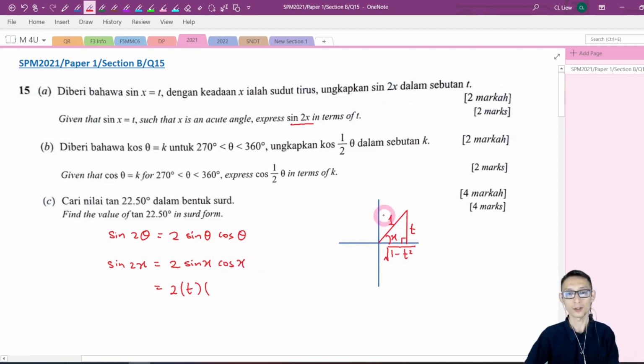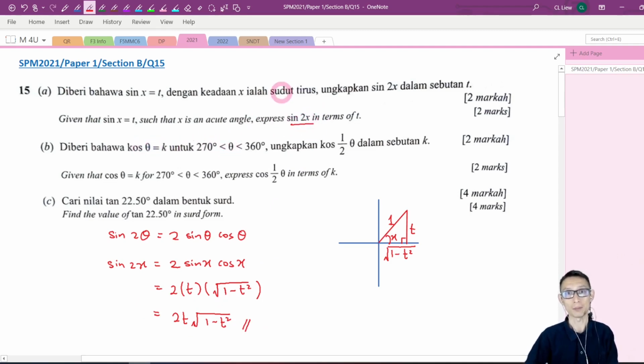Adjacent is this one, hypotenuse 1. So this divided by this, you don't have to write 1: square root of 1 minus t squared. Then open up the parentheses. So it will be 2t times square root of 1 minus t squared. Okay, so this is the answer for part A.